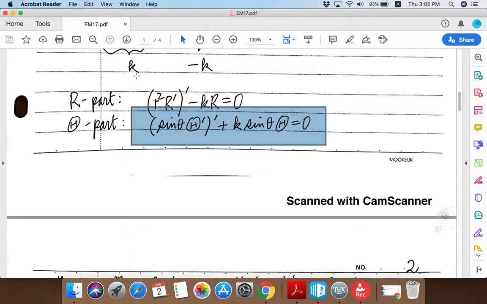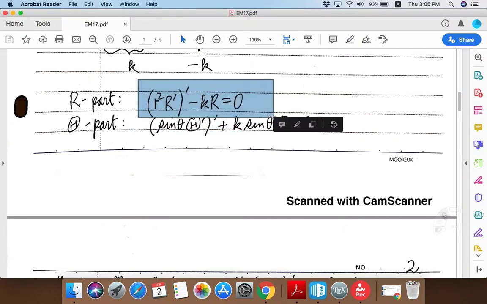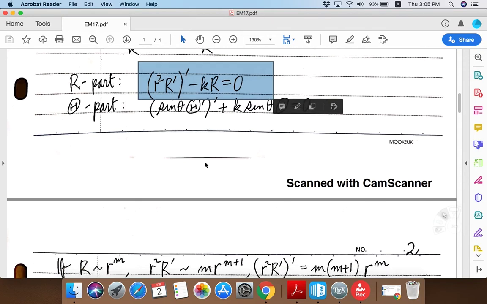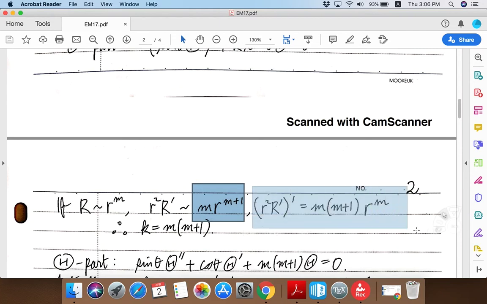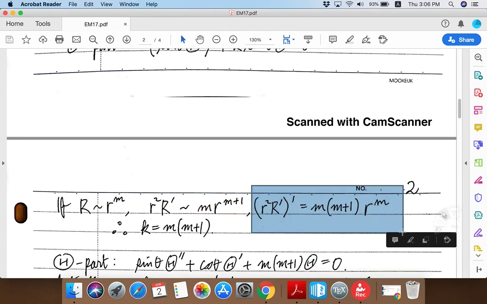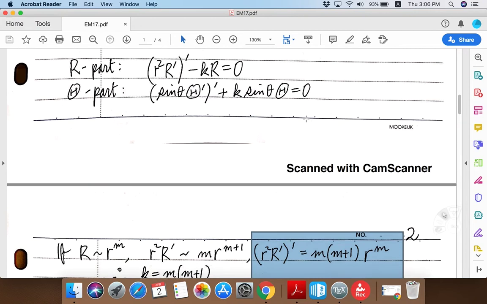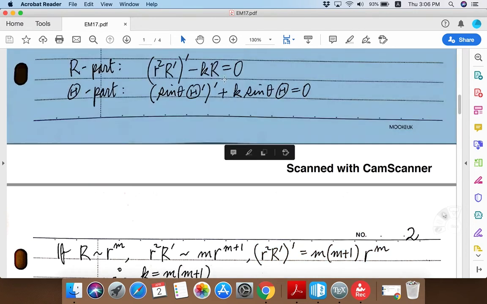Okay, so let's first focus on the r part of the problem. Since we don't know any better, I'm just going to pretend that the solution is this polynomial form, r to the power m. If this was the solution, then this r squared times R prime equals that, and then the further derivative of that will be this. And now that equals k times R over here.